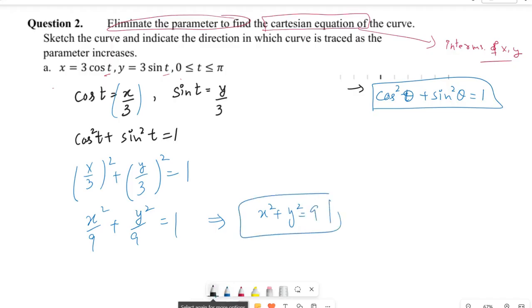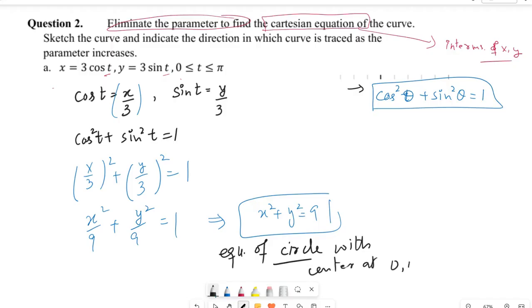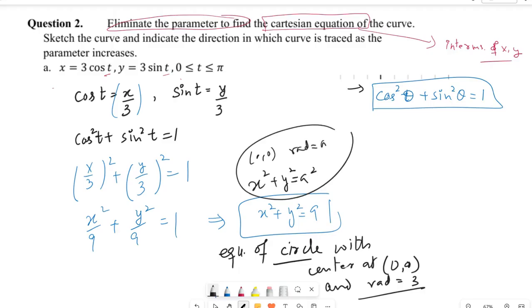From our geometry, we know that this is the equation of a circle with center at 0, 0 and radius equal to 3, right? Because x squared plus y squared equal to a squared is a circle with center at 0, 0 and radius equal to a. Comparing that, here we have 9, so the radius is 3.